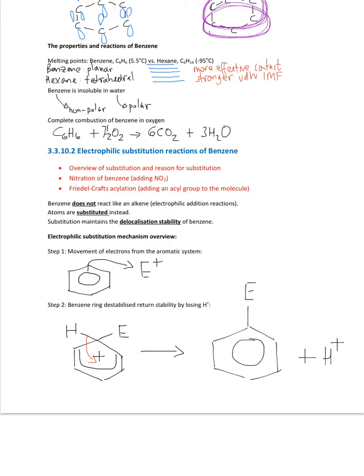What I'm going to show you briefly is how it works, the overview of the substitution reaction, and how it works. The reason for substitution was talked about briefly already regarding the delocalization stability. Nitration of benzene and the Friedel-Crafts acylation are two examples of electrophilic substitution reactions you're going to learn about.